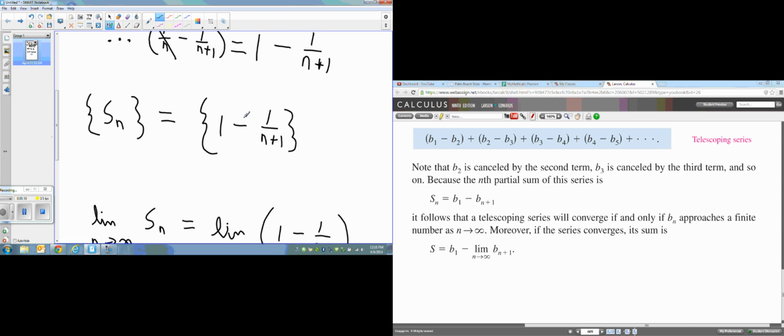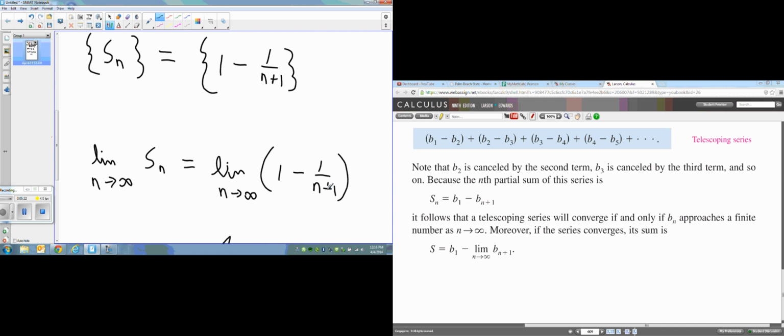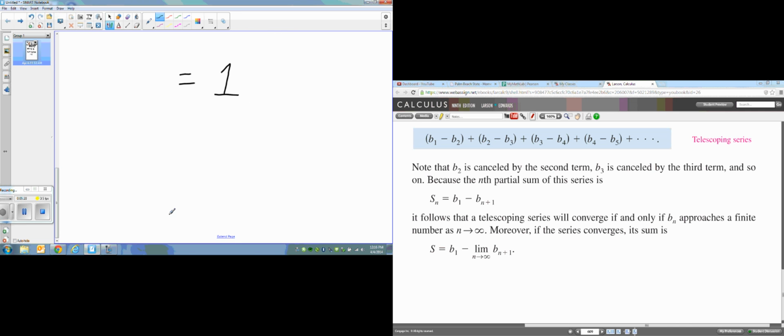But this is Sn, and the limit is still the same. All the information is still the same, but this should have been a plus sign. So there we have it. That is a telescoping series, and for the telescoping series we have a definition over here. The terms cancel.